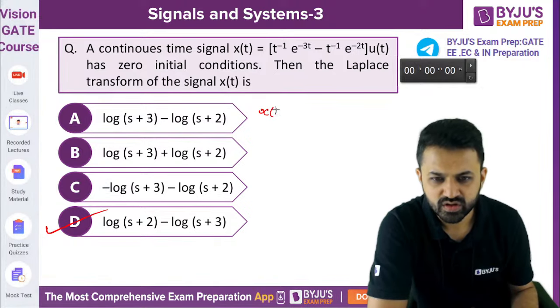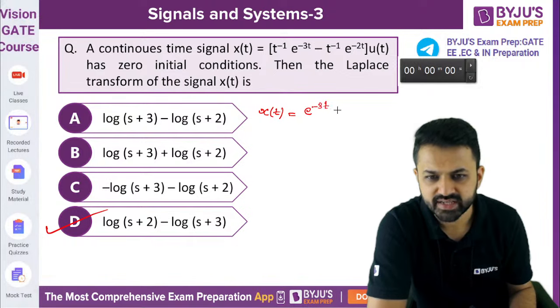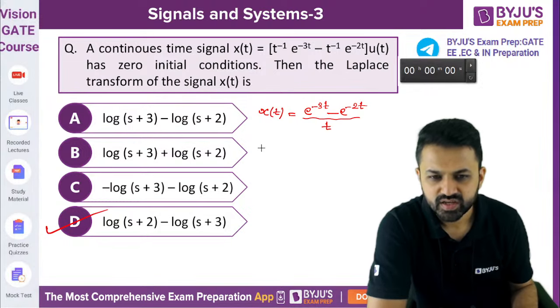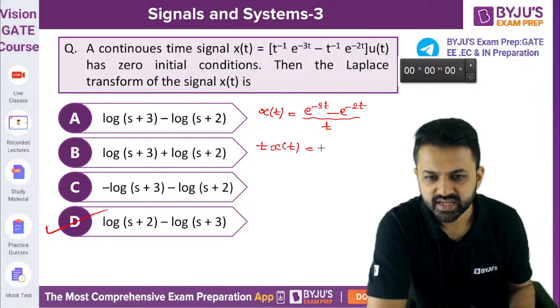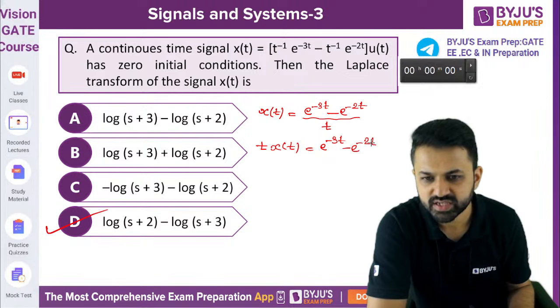Let's see how. This x of t is e to the power minus 3t minus e to the power minus 2t divided by t. Suppose I take the t x of t this side, then it is e to the power minus 3t minus e to the power minus 2t.